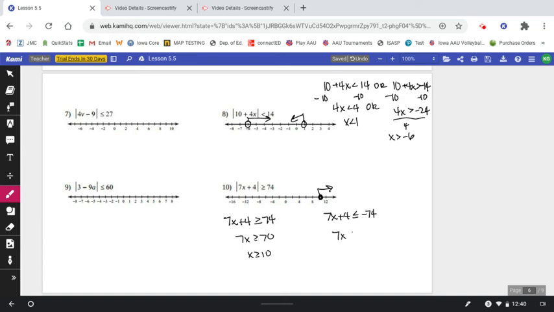Subtract 4, so 7x is less than or equal to negative 78. Divide by 7, and x is less than or equal to negative 11.4, which is right there.